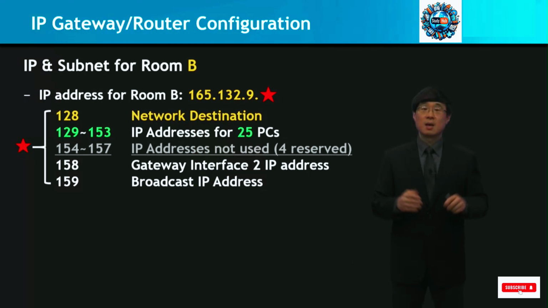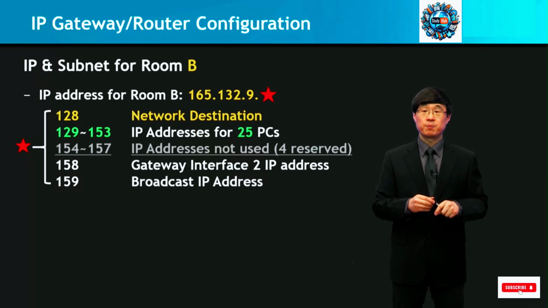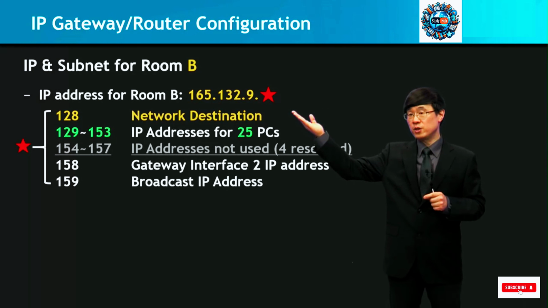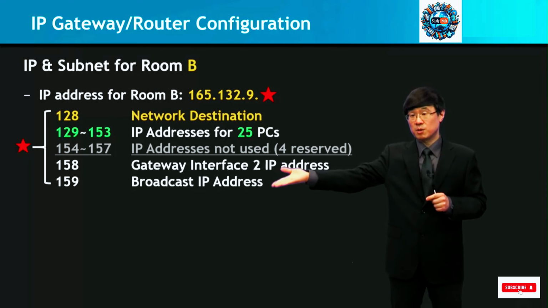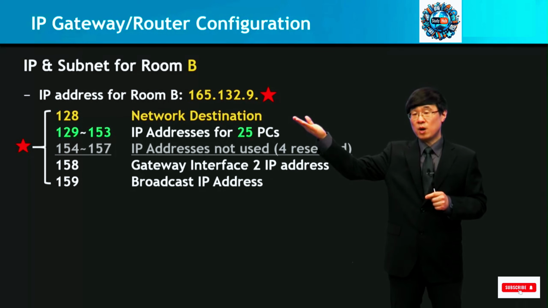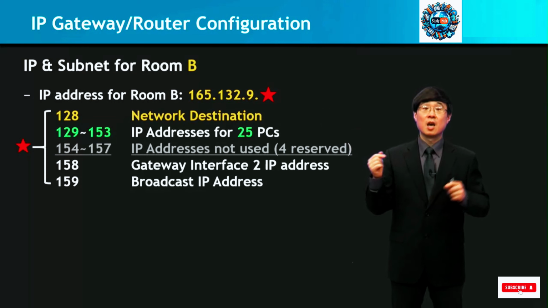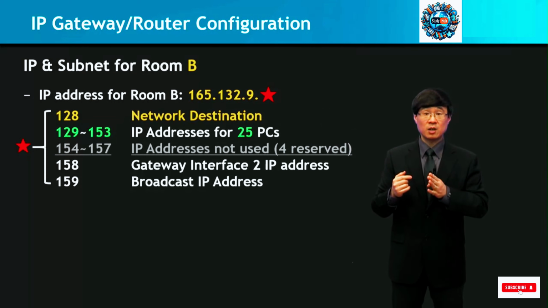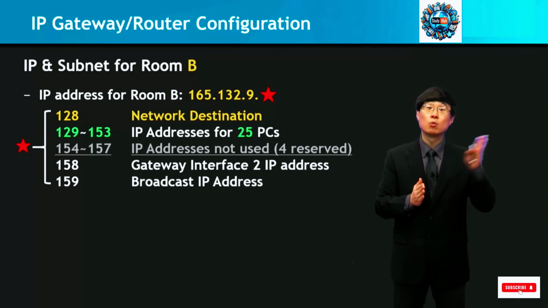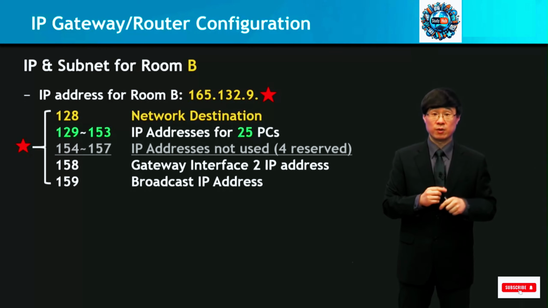Now, based upon this, you can see that the IP addresses assigned will be off of 165.132.9. That red star, and the number that we're going to put in that red star is these numbers right here. The lowest one is 128 because from 0 to 127, we've already used that for room A, that subnet over there.